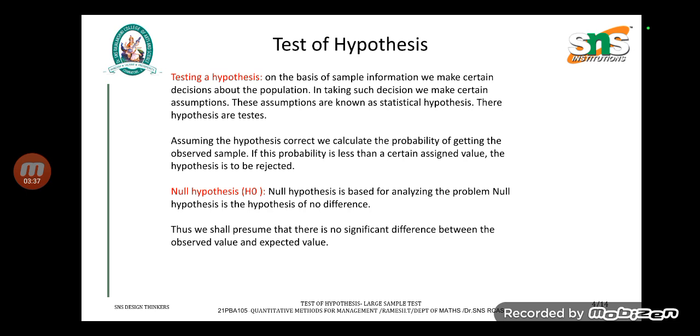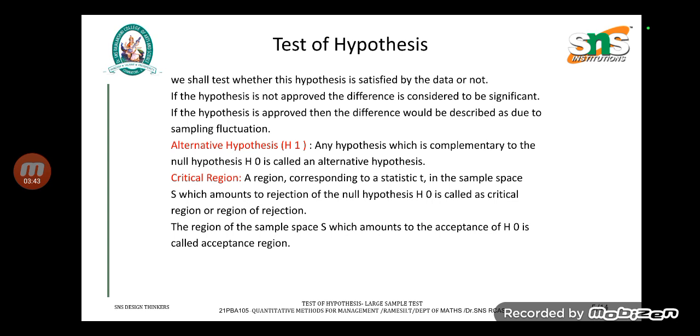So we shall test whether this hypothesis is satisfied by the data or not. If the hypothesis is not approved, the difference is considered to be significant. If the hypothesis is approved, then the difference would be described as due to sampling fluctuations.